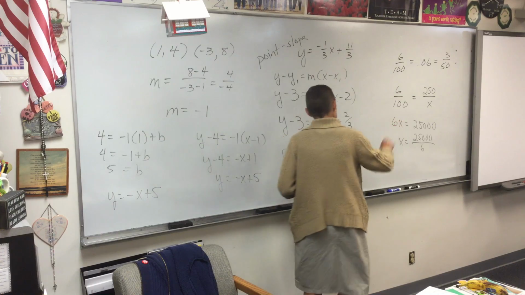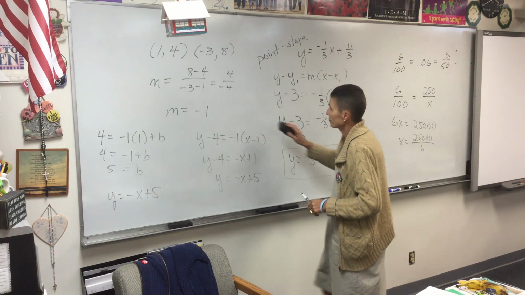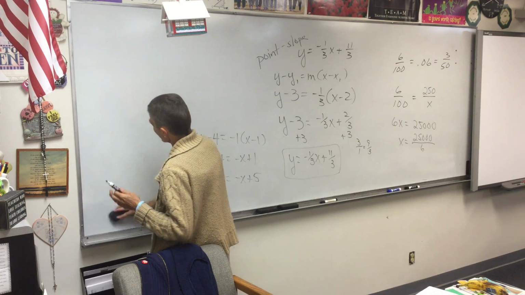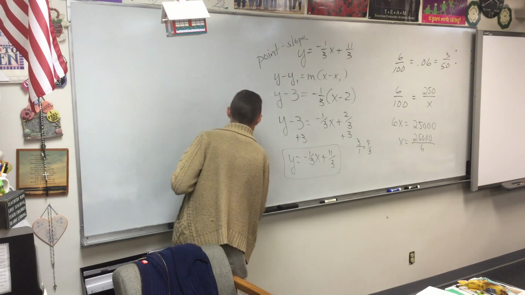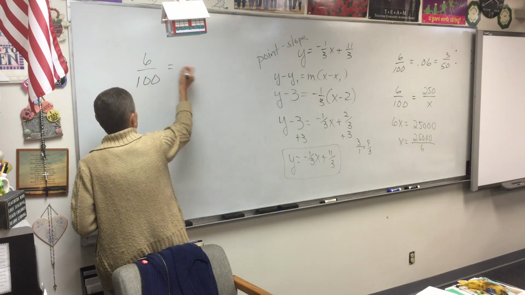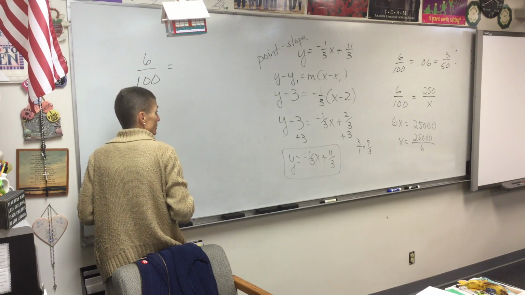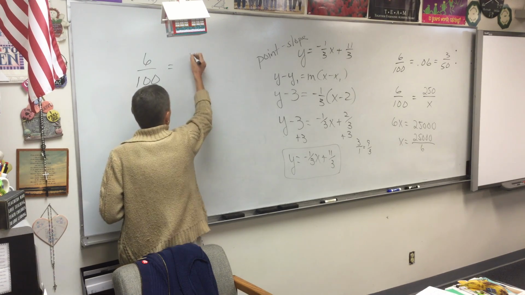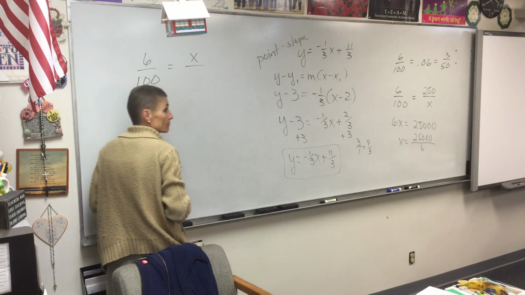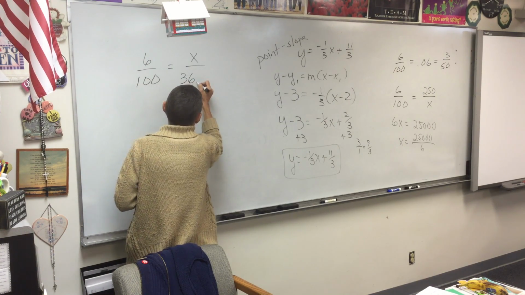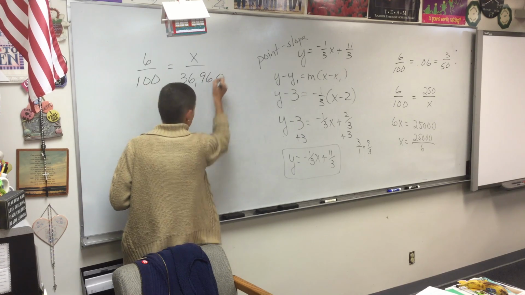Can you set it up the same way you set this one up? I mean, basically, fundamentally, can you set it up the same way? What did it look like when you set it up? 6 over 100 equals 36,960.